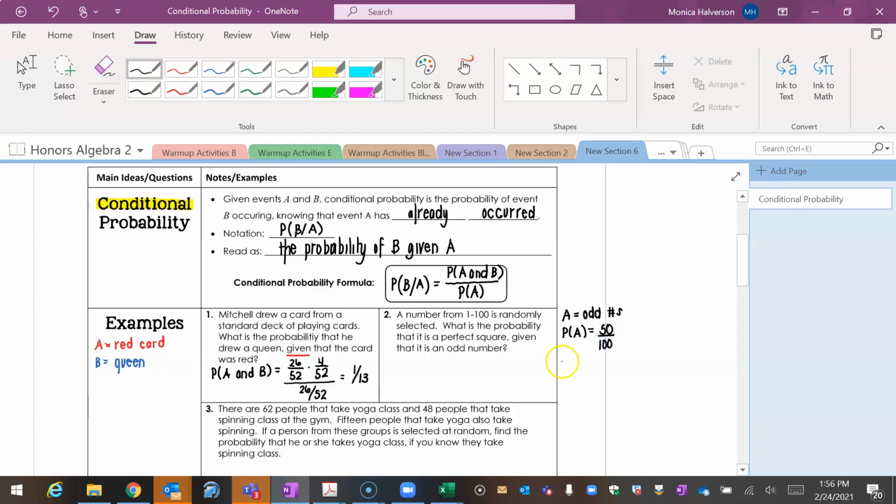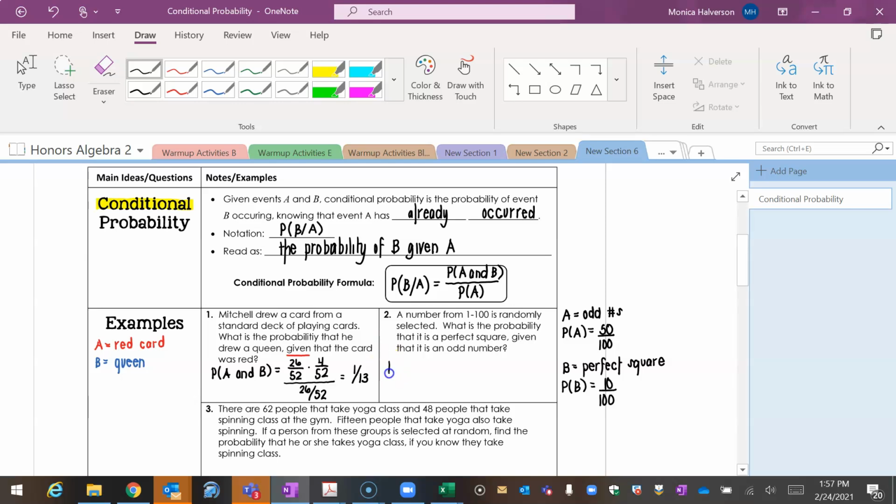What they're asking us for is the probability that it's a perfect square, and the probability of that is 10 out of 100. We've got 1, 4, 9, 16, 25, 36, 49, 64, 81, and 100.